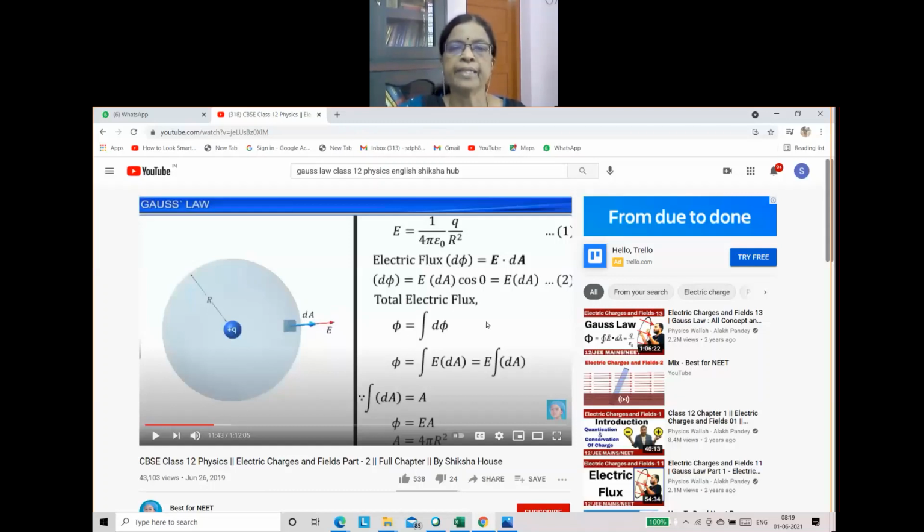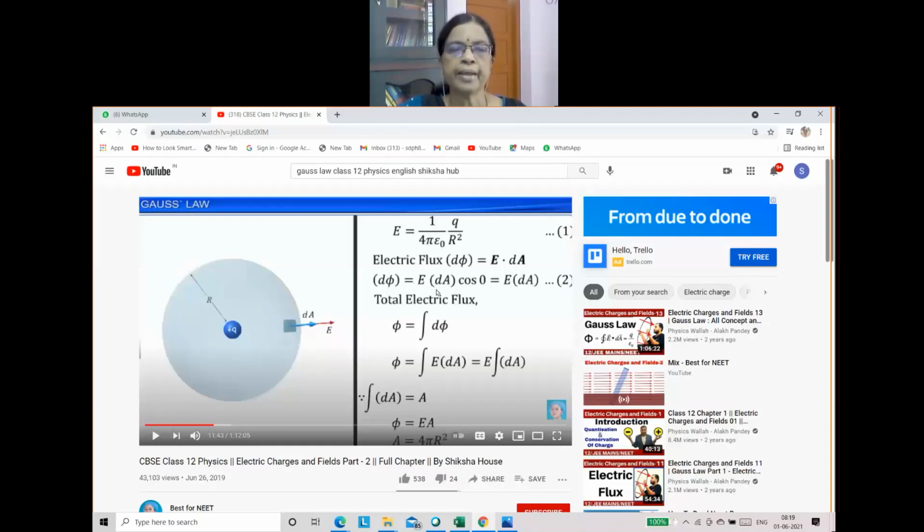The vector symbol is there; they have written it in dark letters to represent that they are vectors. E dot dA is E dA cos theta, and as E and dA are in the same direction, theta is equal to 0. So cos 0 is 1, and we can write it as E into dA. Equation number 2. This is the small flux.